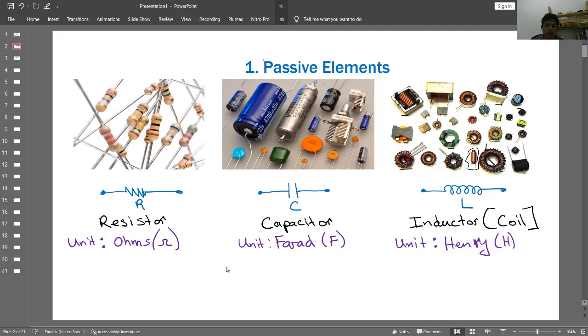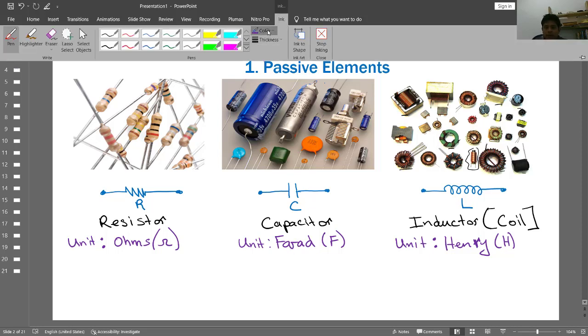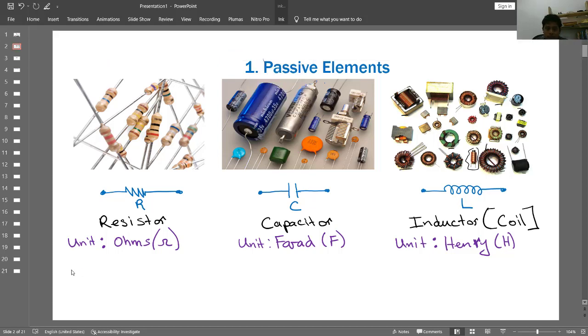Okay. All right. So now that we have the unit, the symbol, the name of each passive element that are provided in a circuit, let us give a definition for what is a passive element. A passive element or passive component cannot provide power gain or is not capable of generating energy. So let me write it here.